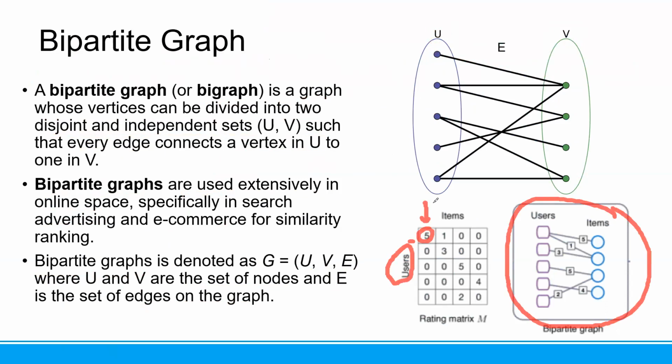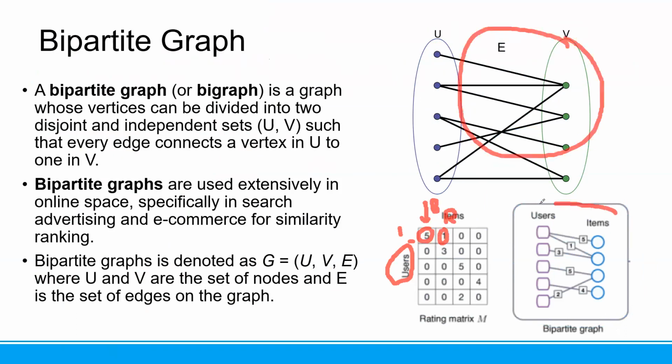Let's say this item is maybe a bag, so user 1 buys 5 bags. Maybe this one is ramyeon, and user 1 buys 1 ramyeon. Okay, and we can put this as a graph, or the bipartite graph. So user 1 has 5 of item 1, user 1 has 1 of item 2, and so on.